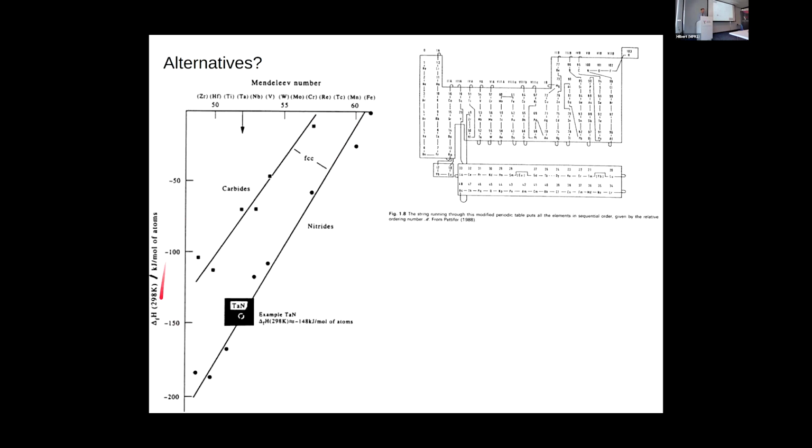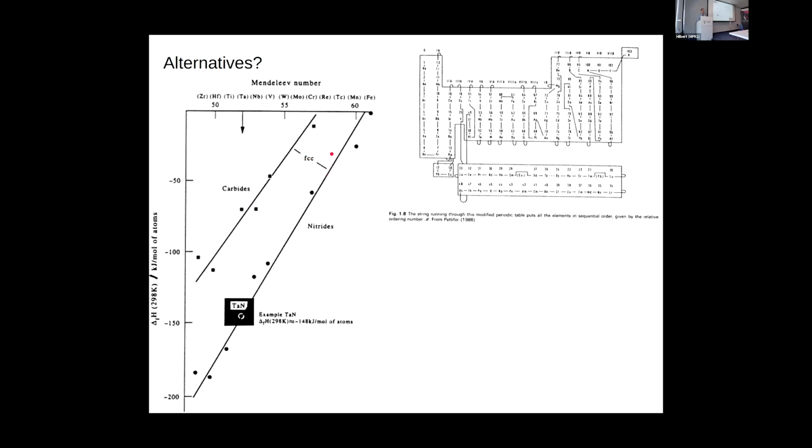A property like the entropy of formation, which, if you were to calculate this from first principles using quantum mechanics, would be super expensive, very, very difficult to get right within the uncertainty of the experiment, simply becomes linear for carbides or nitrides in a given crystal structure, right?